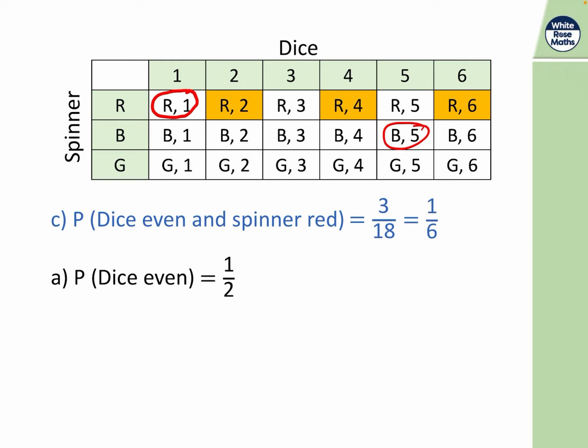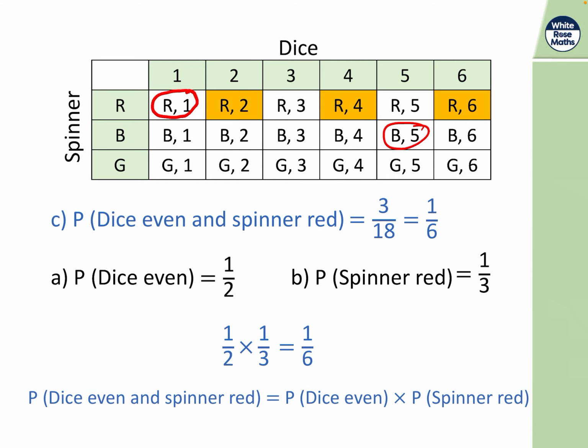If we go back and look at the probabilities we had for the 2 things separately, the dice having an even number was a half, and getting a red on the spinner was a third. We can hopefully see that when you multiply those 2 fractions together, you get 1 over 6.